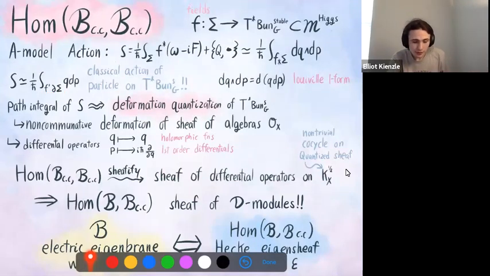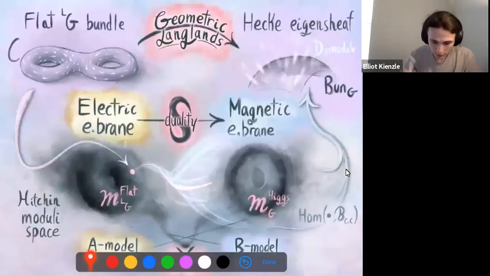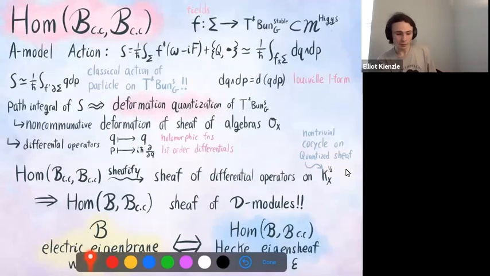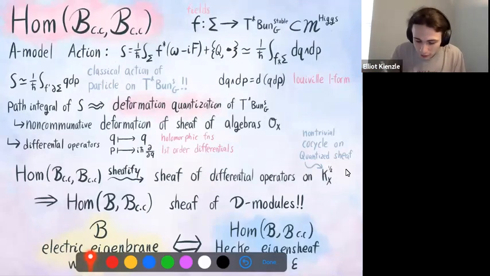And so basically, when we do the path integral of this guy, that corresponds to the quantization of the classical action of a particle moving along this path. And that's exactly the same as the deformation quantization of this cotangent bundle.